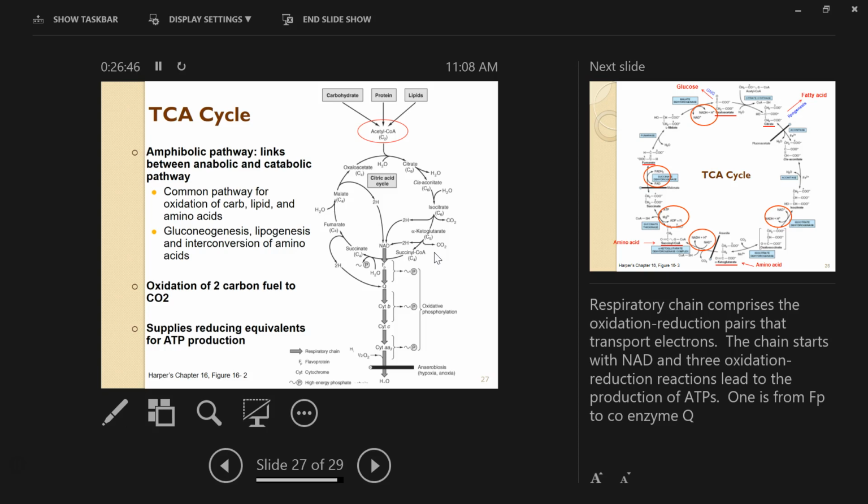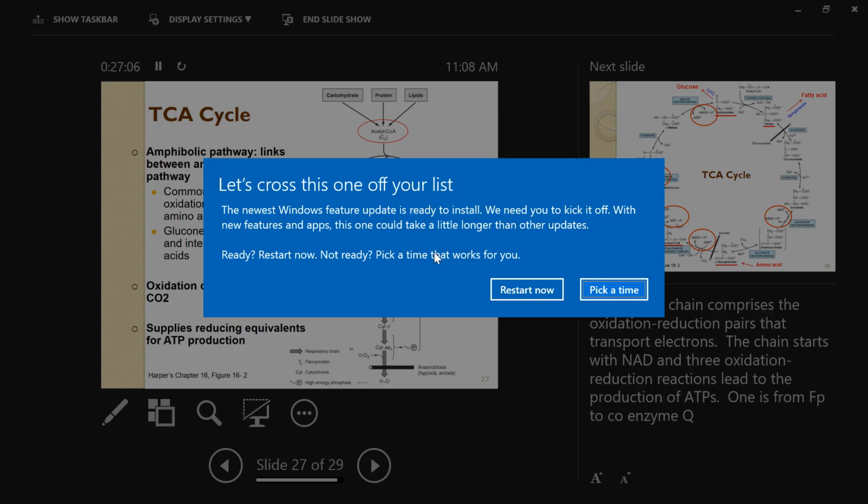And these reducing equivalents are converted to ATP in the electron transport chain. It's not like it immediately produces ATP after finishing the TCA cycle.